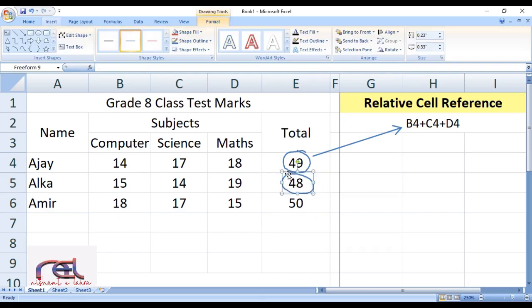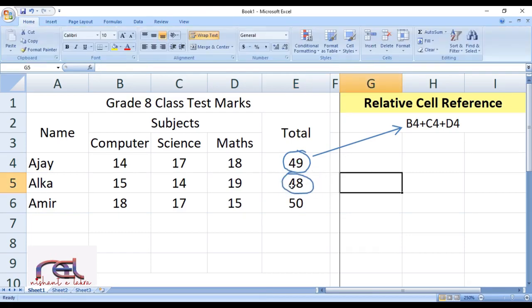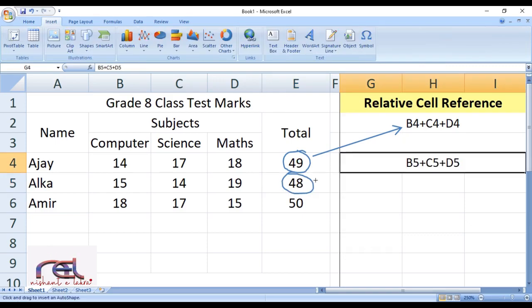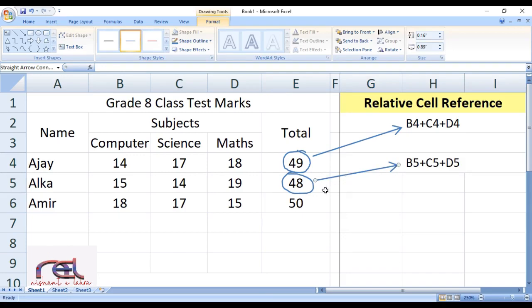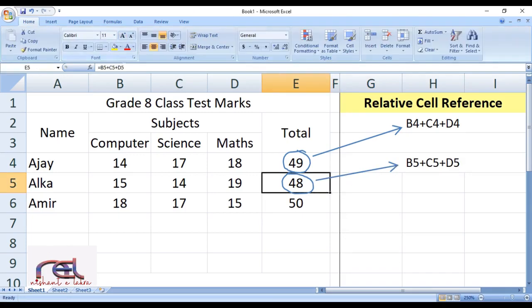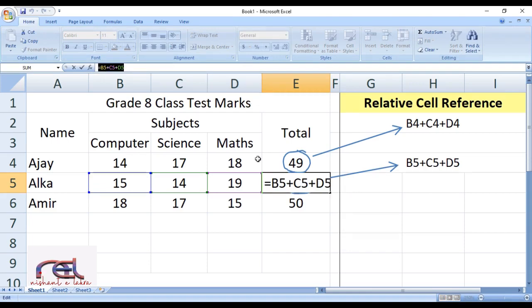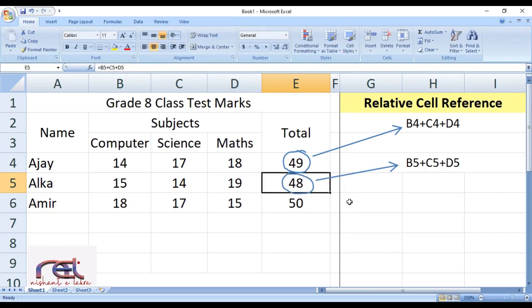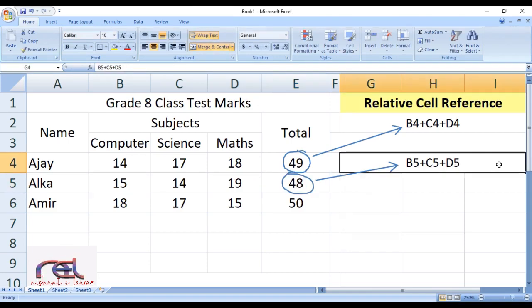Now in the next cell, that is E5, the formula is copied right from E4, and you can see that the cells which have to be added are B5, C5 and D5.